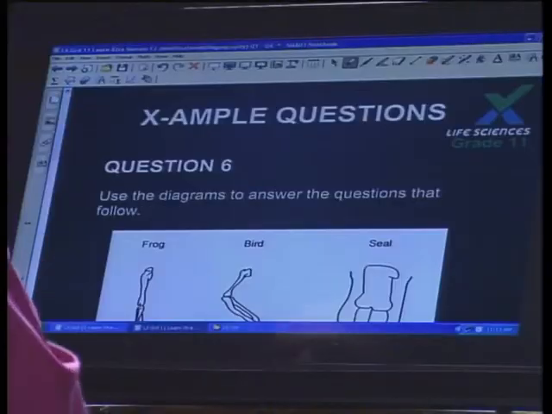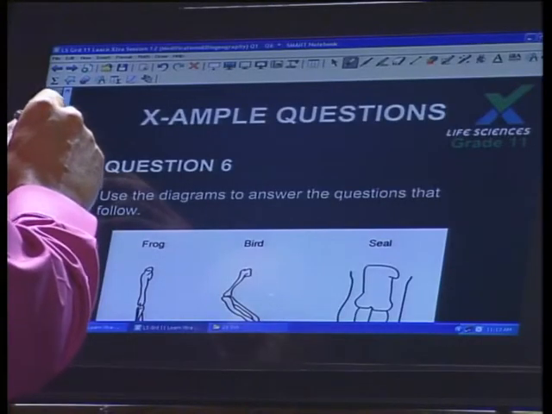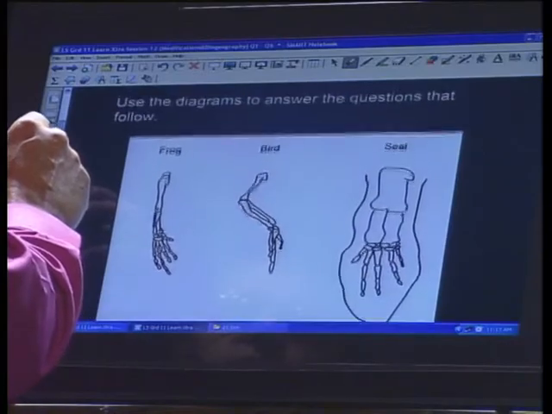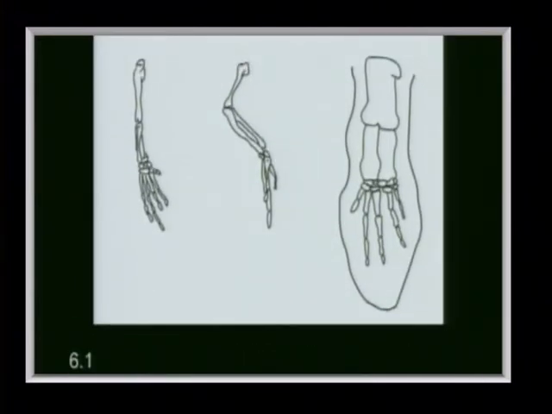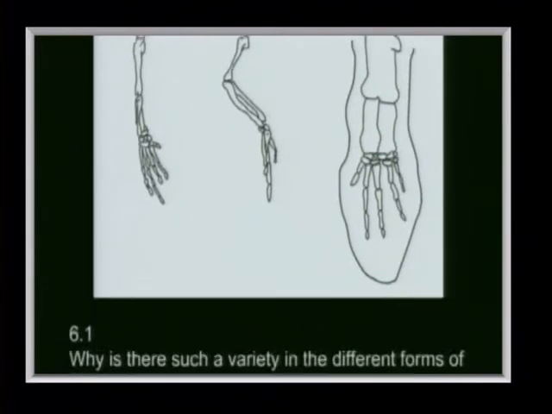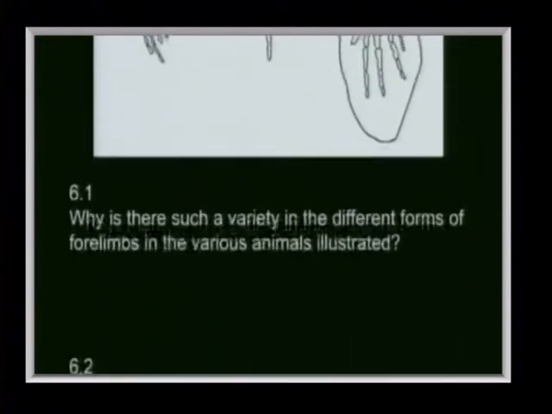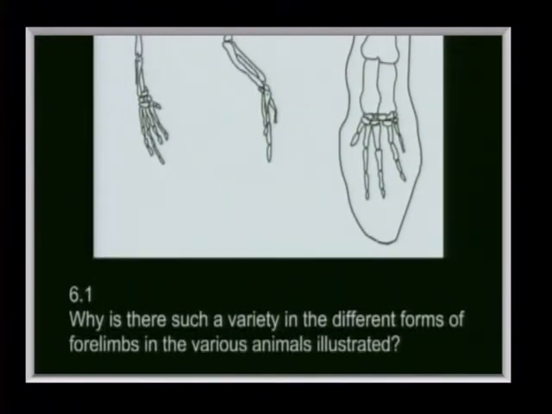Let's move on to question 6. Use the diagrams to answer the questions that follow. So if we look at these diagrams, we see a frog, we see a bird, and we see a seal. So the question is, why is there a variety of different forms of forelimbs in the various animals illustrated?